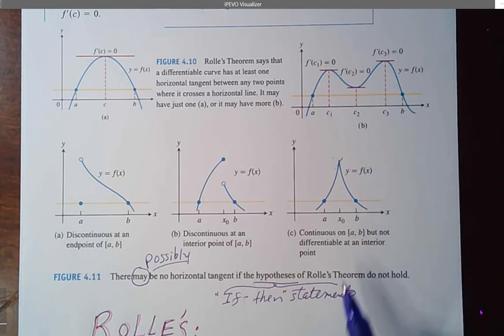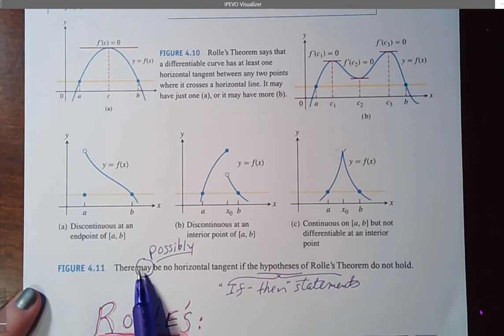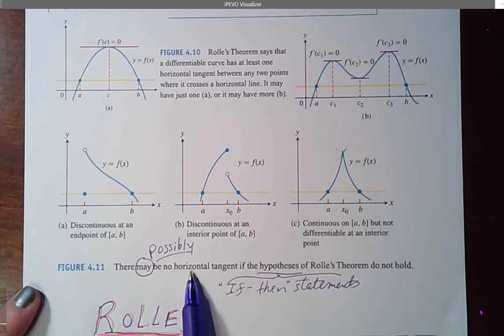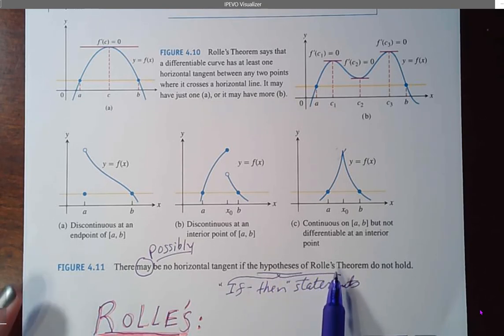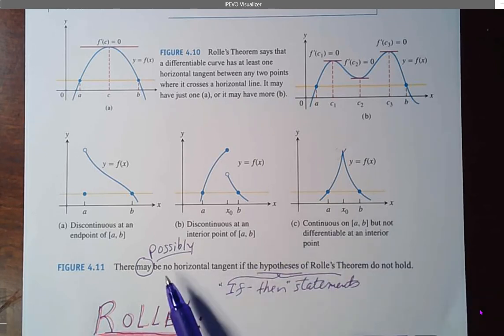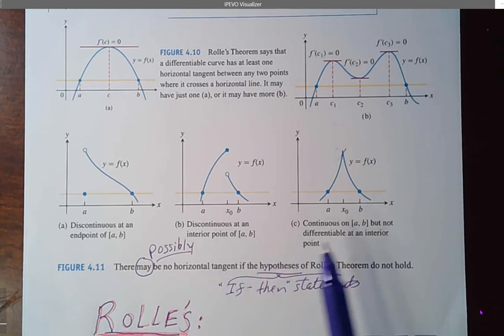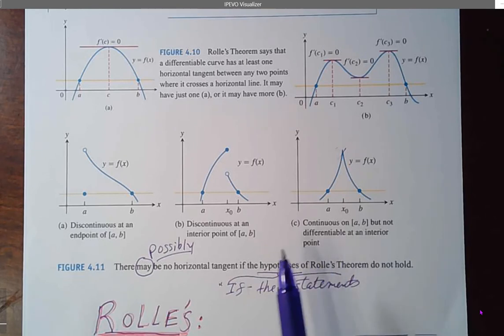So basically, there may be no horizontal tangents if the hypotheses of Rolle's do not hold. So there may or may not. It's possible that there may be no horizontal tangents. What Rolle's does is guarantee us that if it does hold, then there will be.